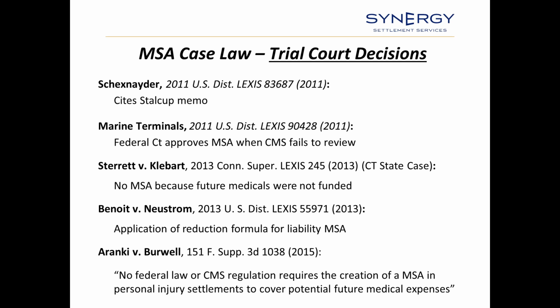In those cases, the carrier's on the hook for the full amount of future medicals, and so a workers' comp case will typically these days be settled with a Medicare set-aside plus a payment for indemnity, and the carrier will pay whatever the amount of the set-aside is because they're on the hook for all the future medical.